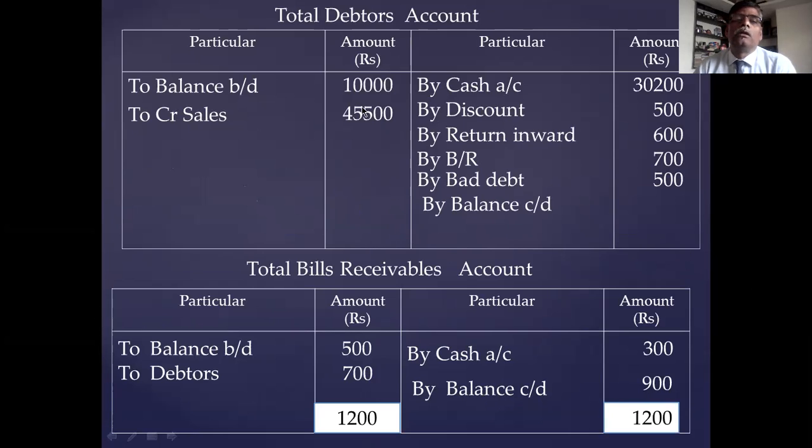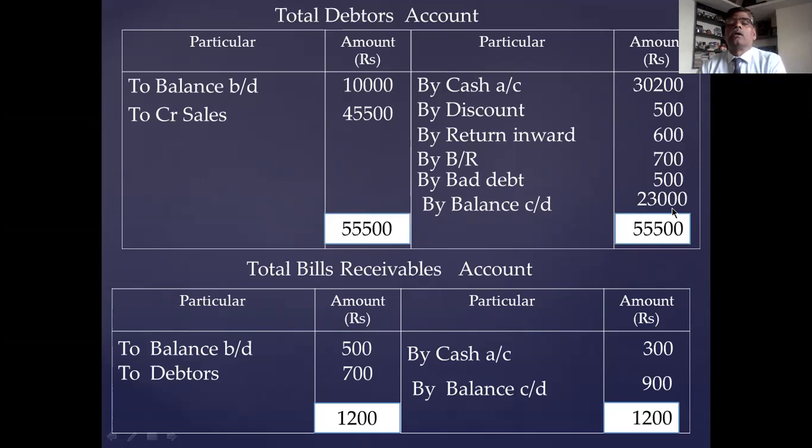Then you close the debtors account. Debtors account total 55,500. Difference is 23,000. This is called balance carried down. So these balances you have to take in the balance sheet. Remember this point. Okay.